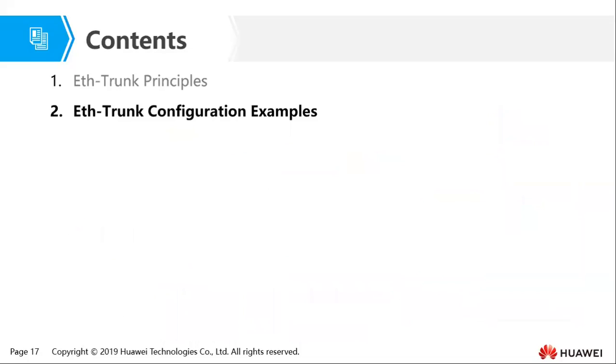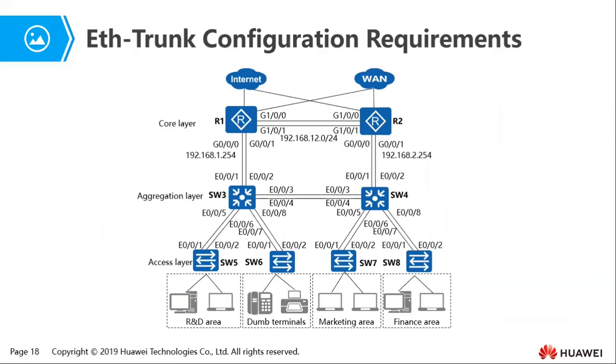Okay, so let's look at a configuration example. This is the configuration example. Here we have a campus network topology, and in order to improve network reliability, we have to configure link aggregation, for example, between the core layer devices, also between the aggregation layer switches and the core devices.